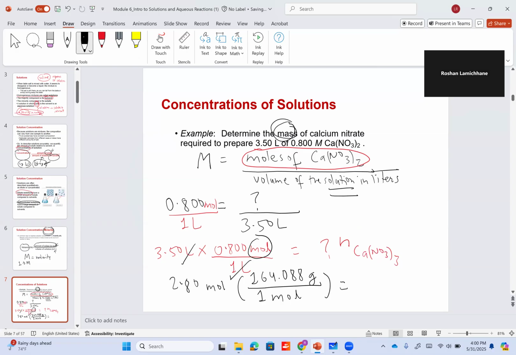All of our measurements, 3.50 liters and 0.800 molar concentration, have 3 sig figs. And that is why my final answer is 459 grams of calcium nitrate. That's the mass of calcium nitrate that I need if I want to prepare 3.50 liters of 0.800 molar calcium nitrate solution.